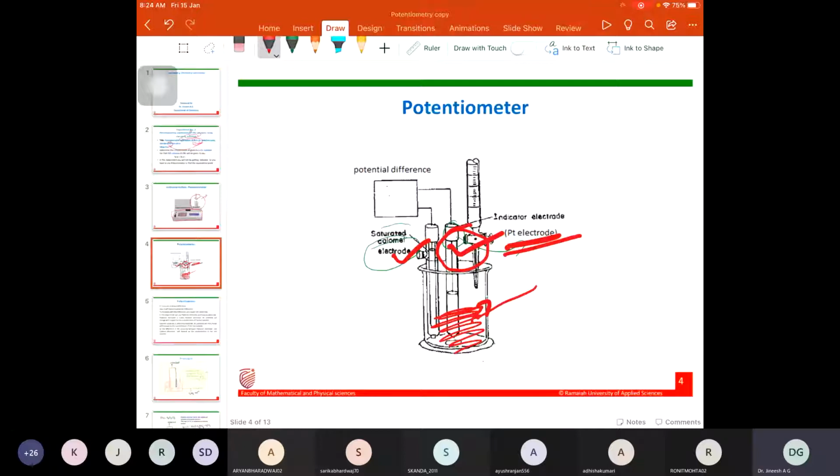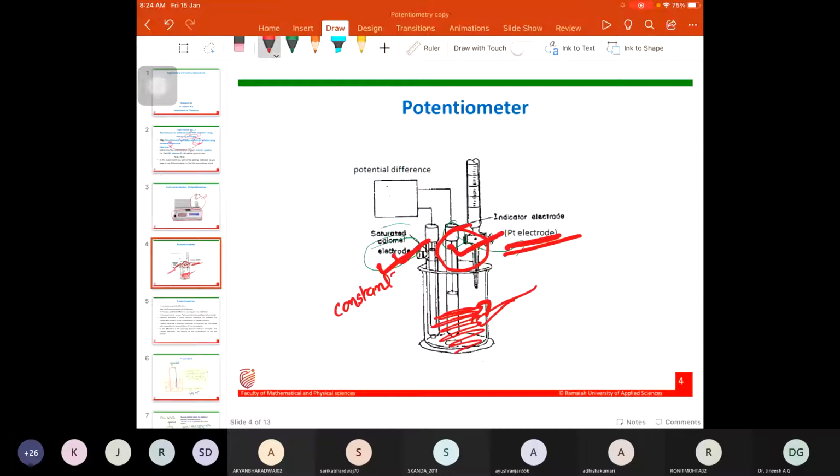But at the same time, whatever solution or concentration you take, the potential generated in the calomel electrode will not change. So the potential in the calomel electrode will be constant, and the potential in the indicator electrode will change its value based on the concentration of the solution you have taken. Clear now? What is the difference between indicator electrode and reference electrode? Any doubt?